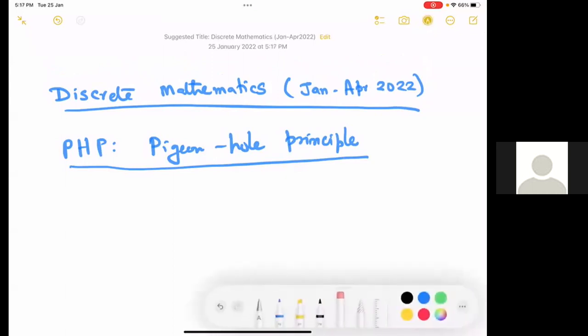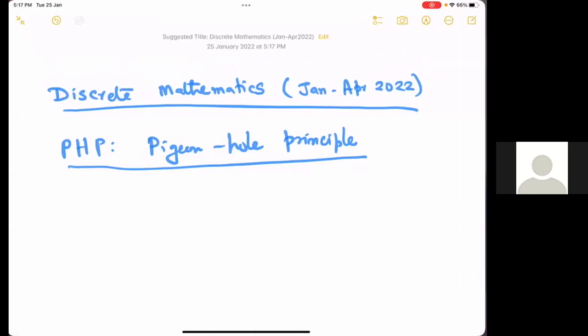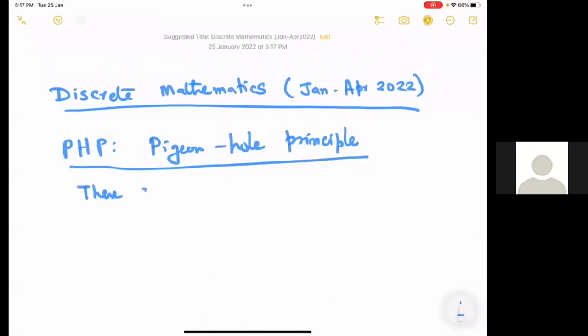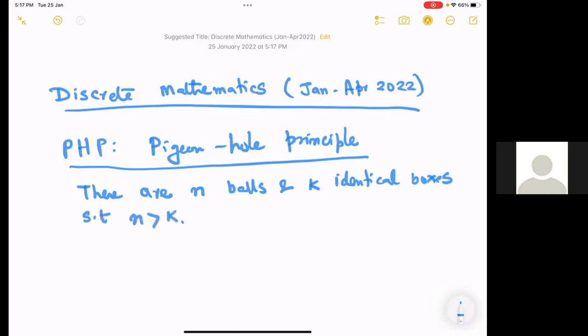So there are n balls and k identical boxes. Combinatorics could be really fun if you practice, and if you do not practice, then it could be really difficult. N greater than k, n balls and k boxes.